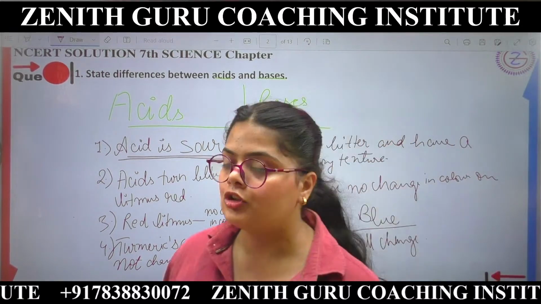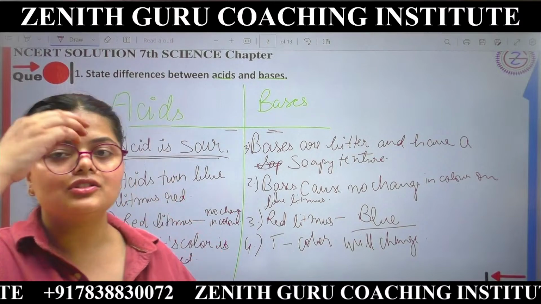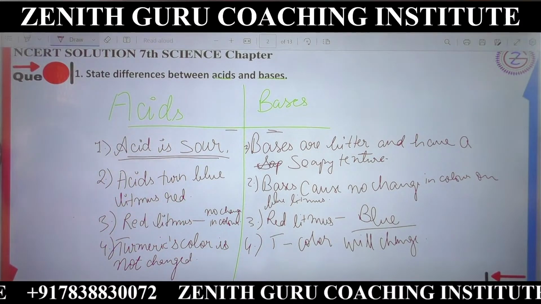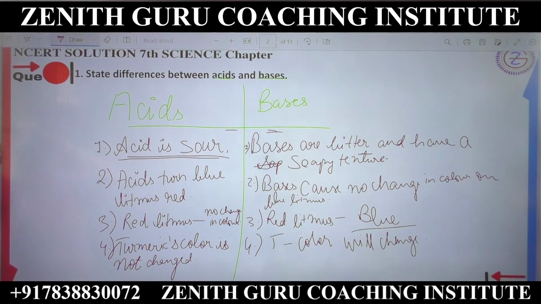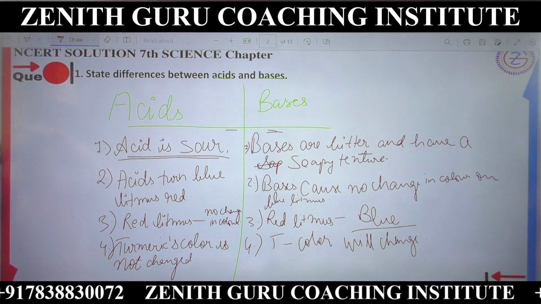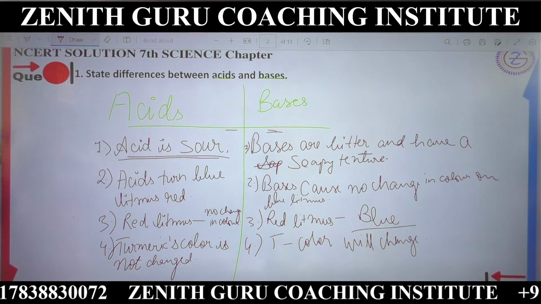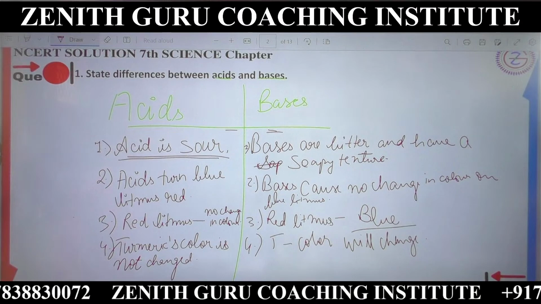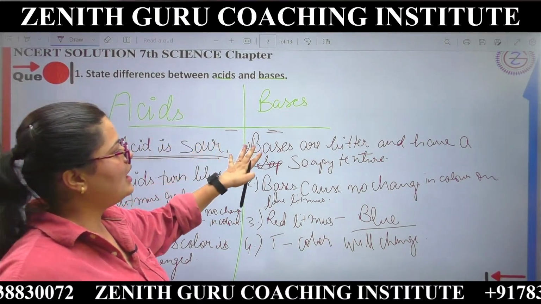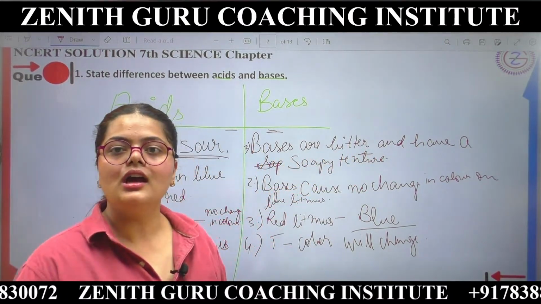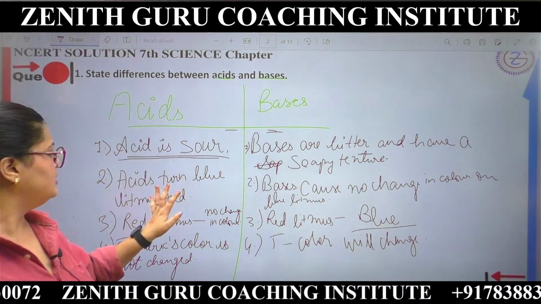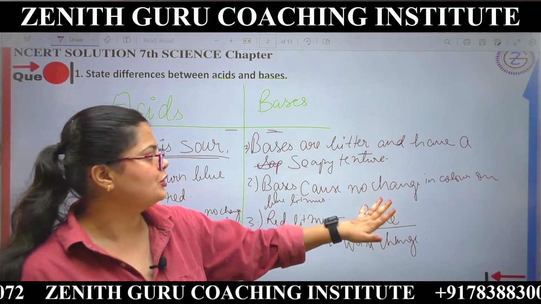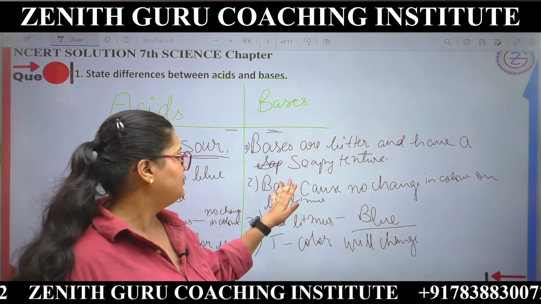ओके तो जल्दी से रिवाइज करते हैं जो हमारे ये पॉइंट्स लिस्ट किए हैं. सबसे पहले एसिड इज सार, बेसिस आर बिटर एंड हैव अ सोपी टेक्सचर, राइट. Then acids turn blue litmus red. Bases cause no change on blue litmus.